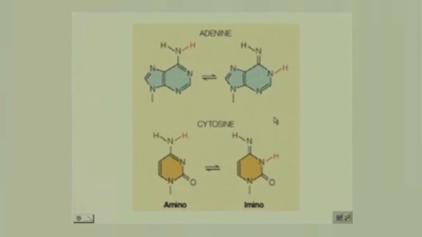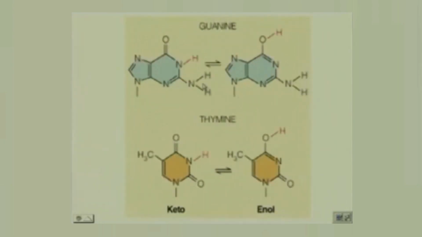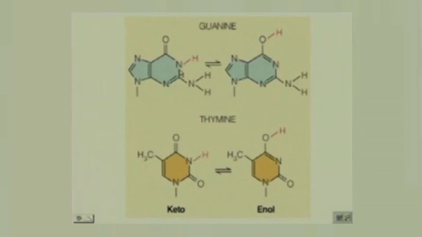Okay, so we have now two other bases that we also have to look into. They are guanine and thymine. But what is the type of tautomerization here? It is a keto-enol type of tautomerization. Okay, so when we are looking at the bond here, what do we have? We have the double bond O going to an OH.